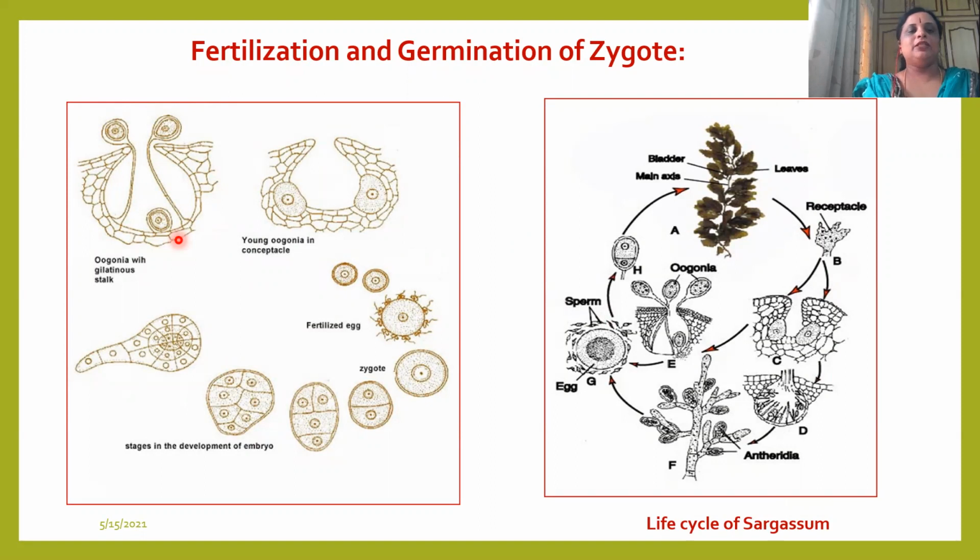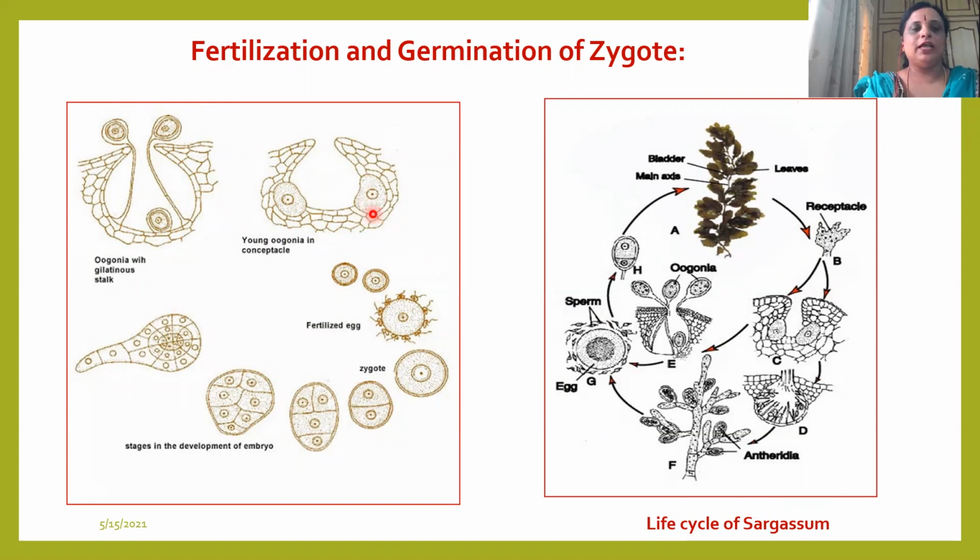By that time, this is the young oogonium and this is the matured oogonium. As I was mentioning, the young conceptacles have a sessile oogonium, without any stalk-like structure initially.